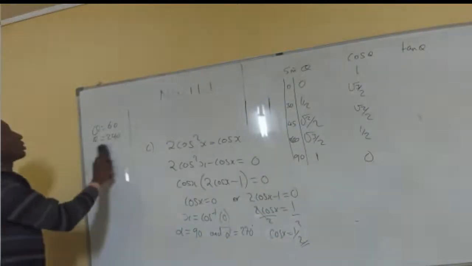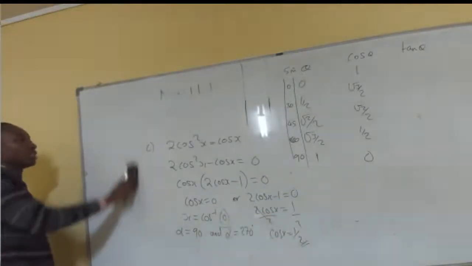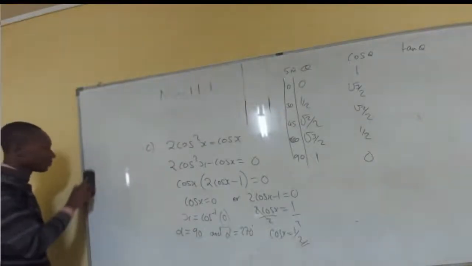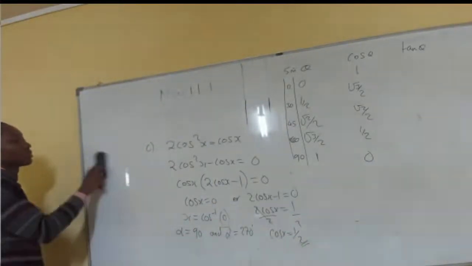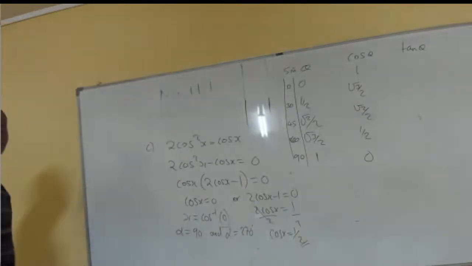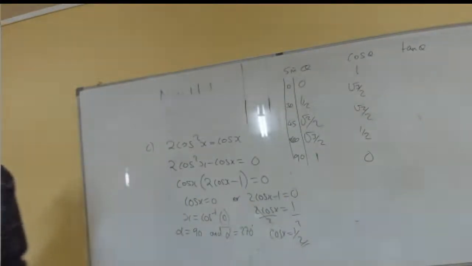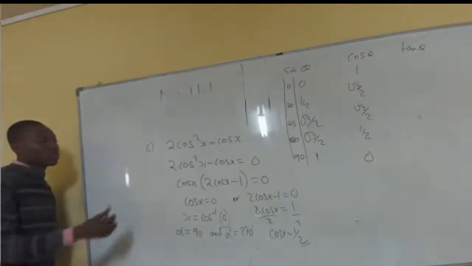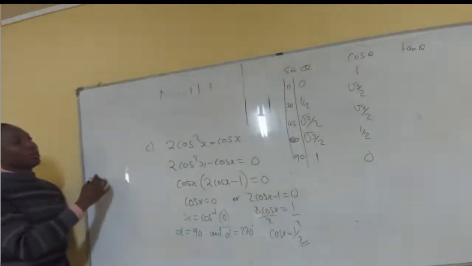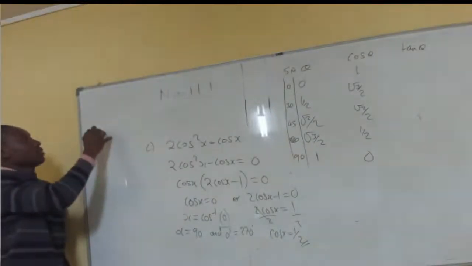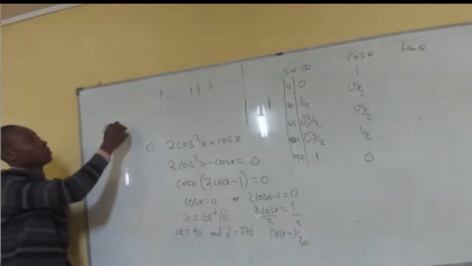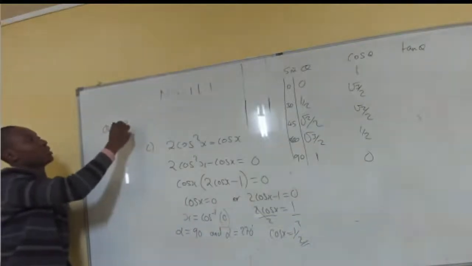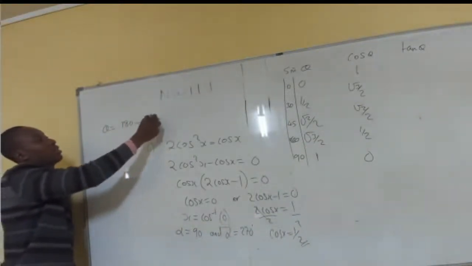Now, if you look at where 90 is, we have theta. Here, theta is going to be 90. So we say 180 minus 90 is 90.